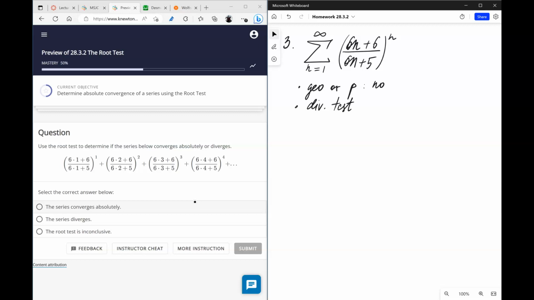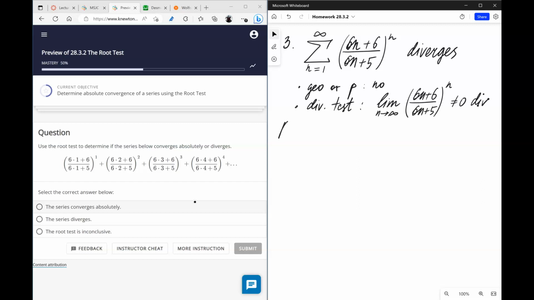I'm not sure if the divergence test here will be conclusive, but, well, yeah, no, definitely the divergence test will work here, because what's inside goes to 1, and 1 to any power is definitely not equal to 0. So we know this series diverges, right? So we would have said, hey, it diverges by the divergence test.